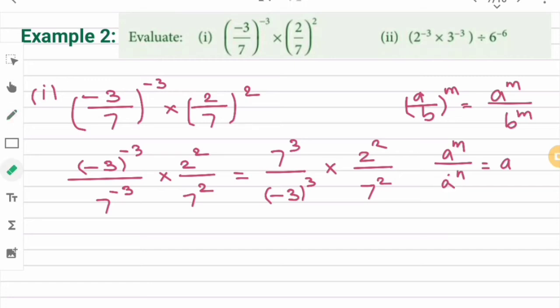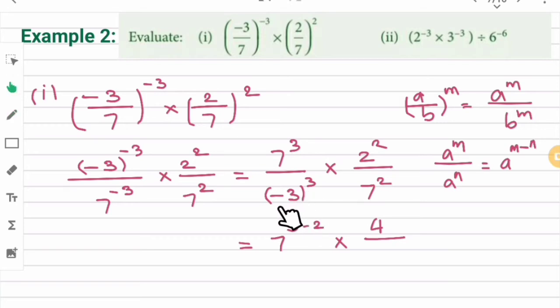A power m by a power n is nothing but a power m minus n. So I can write it as 3 minus 2. This will become 7 power 3 minus 2. And this one I can write it as 2 power 2 can be written as 4. And here minus 3 to the power 3.